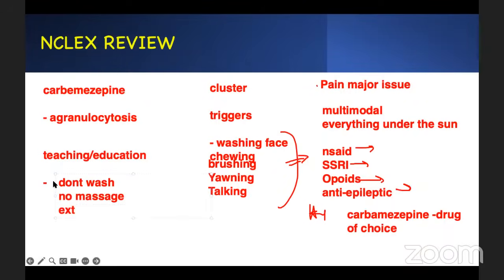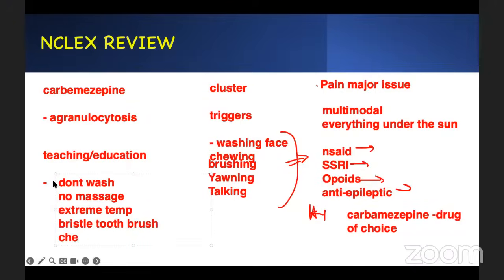They should avoid extreme temperature. That means hot and too cold is a problem, so they should avoid this as much as possible. Because when you brush your teeth, it's going to hurt. You see chewing and everything, so they use a soft-bristle toothbrush, something that is gentle as much as possible.